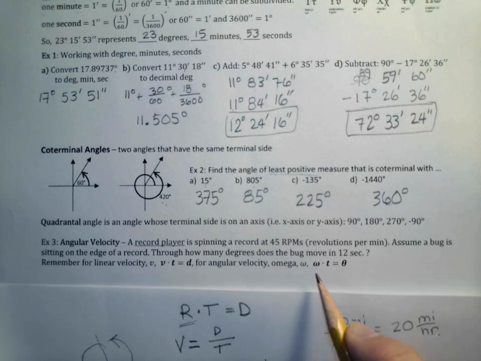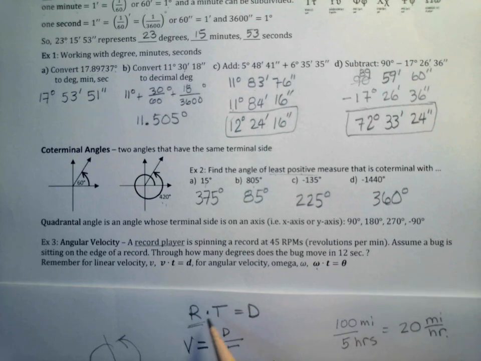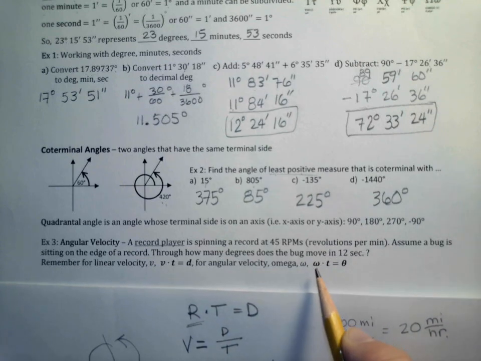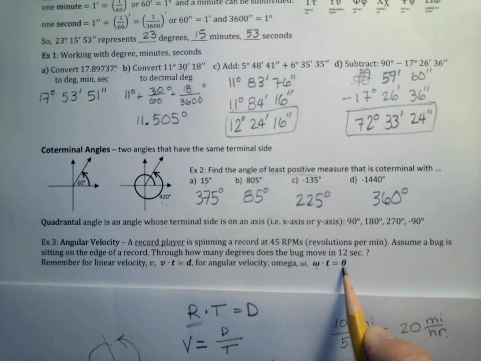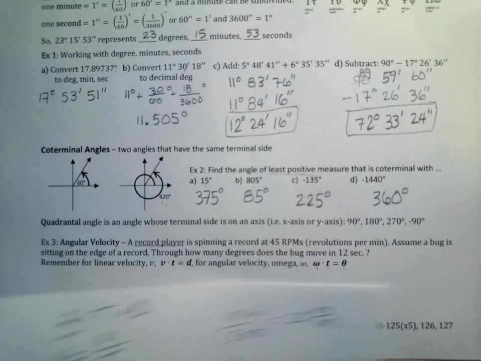So it's like a rate, but instead of distance divided by time, it's going to be the angle, how many degrees you pass through in a set amount of time. So just like rate times time equals distance, in this case, omega times time equals the angle. How much of an angle did we sweep through, rather than how much distance did we travel, okay?